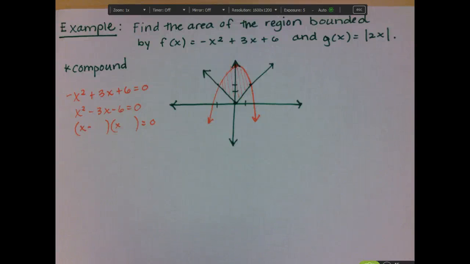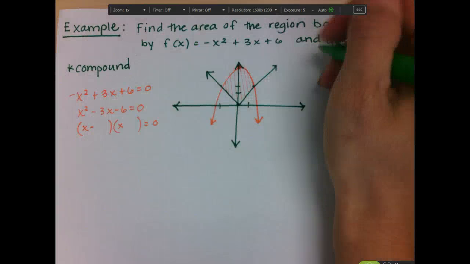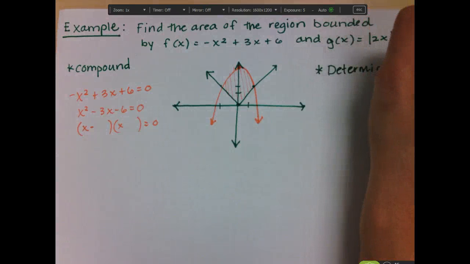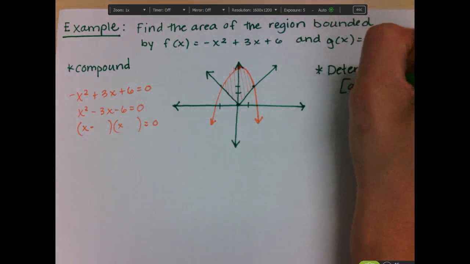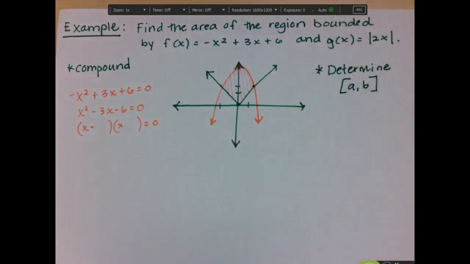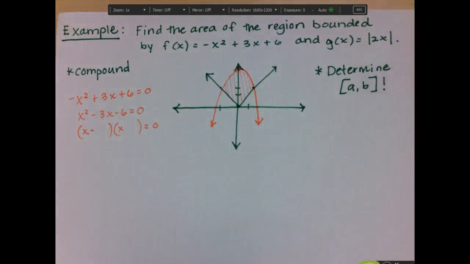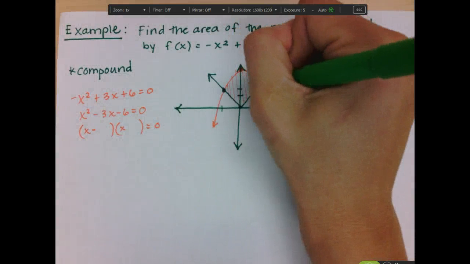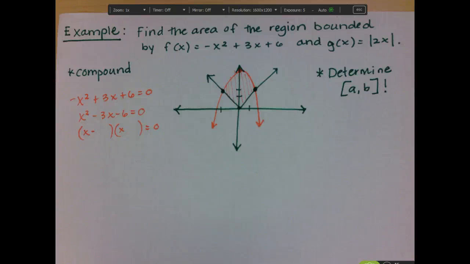And one of the things that's super important for us to figure out is the interval over which we are going to be integrating. And that interval is not provided for us, but you can see here that it's bounded on the left and the right by the points of intersection of the two graphs.